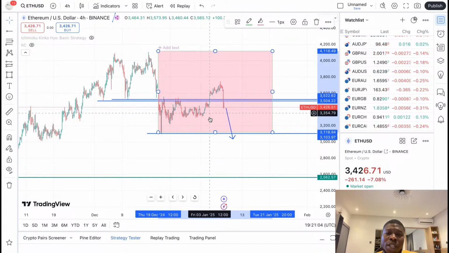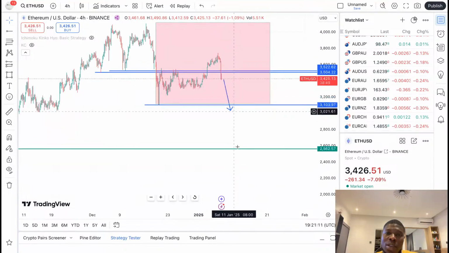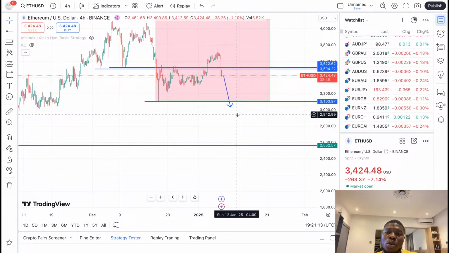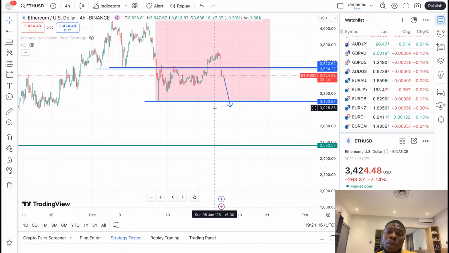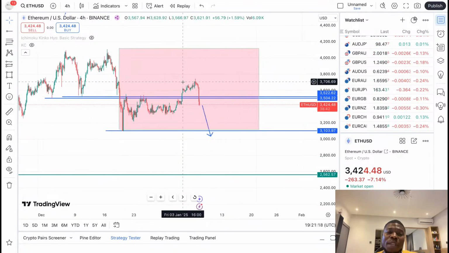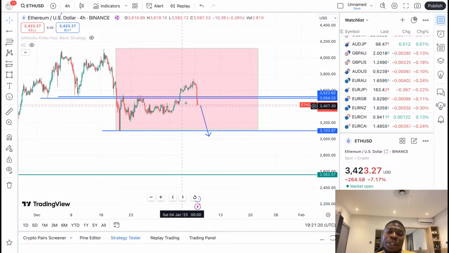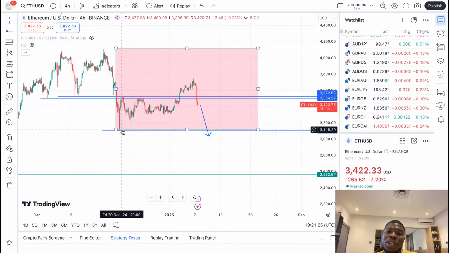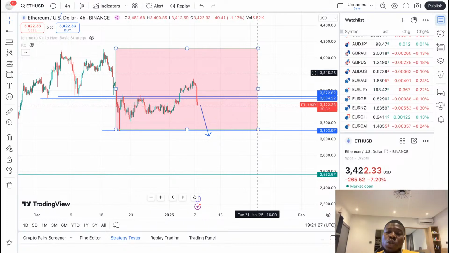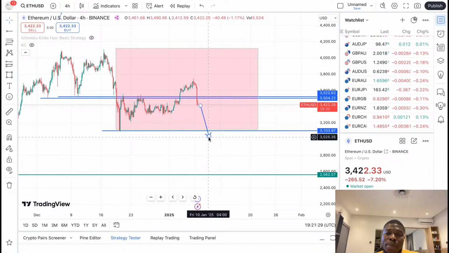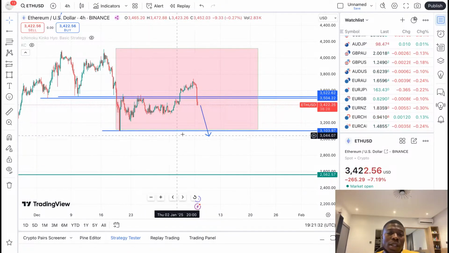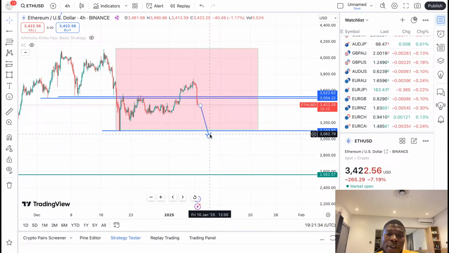If Ethereum doesn't reclaim this area and makes a low first, that means we will be expecting more lower lows in the coming weeks. But as it stands, this place is still a ranging region. Mind you, a downtrend has not officially kicked in until a low is made here. This is the low where we confirm that the market is fully in a downtrend.